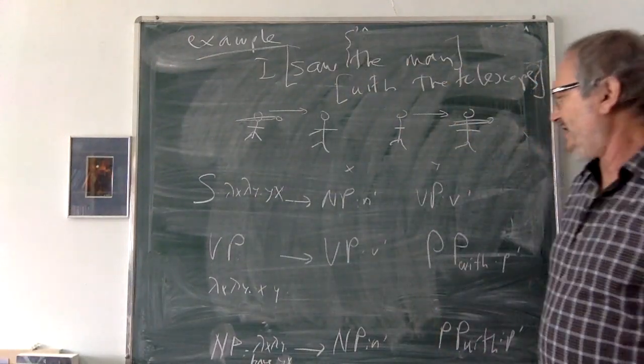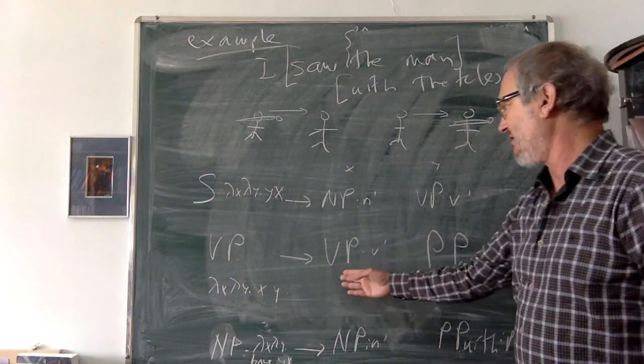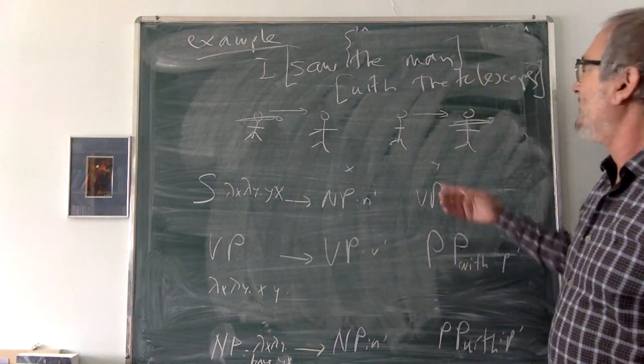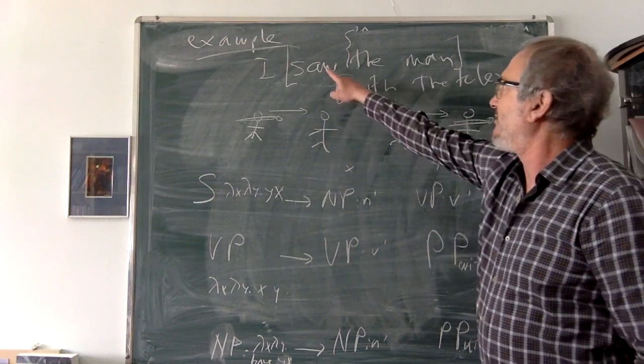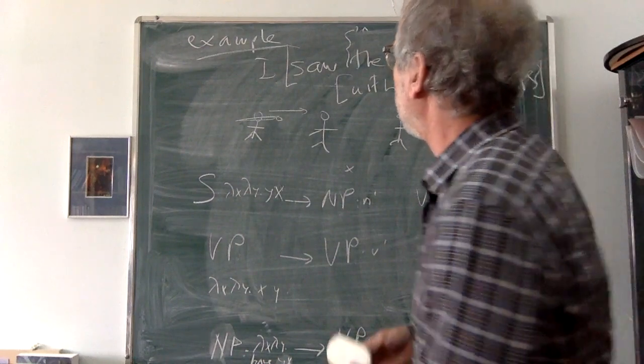So this is the grammar I have. Of course, since these are recursive rules, eventually you're going to have VP, like one VP will be something like this.